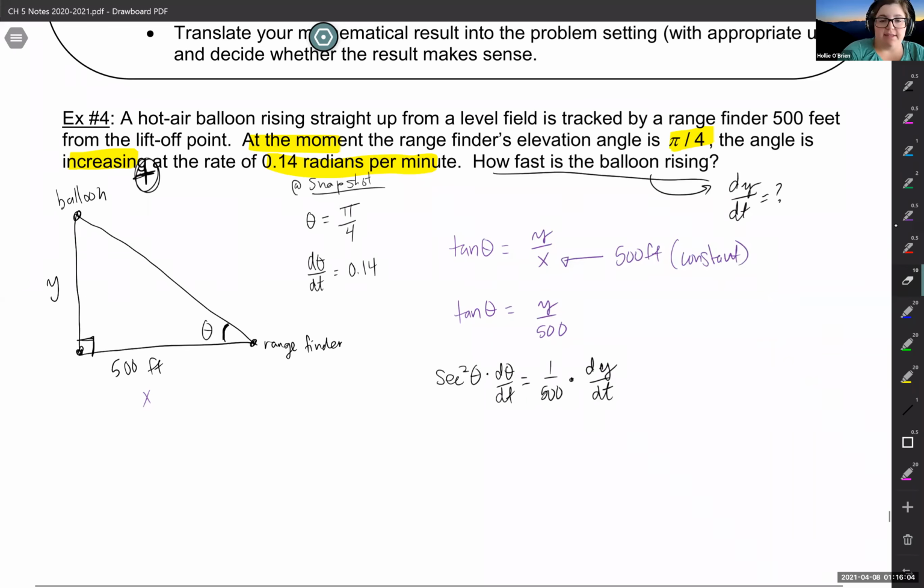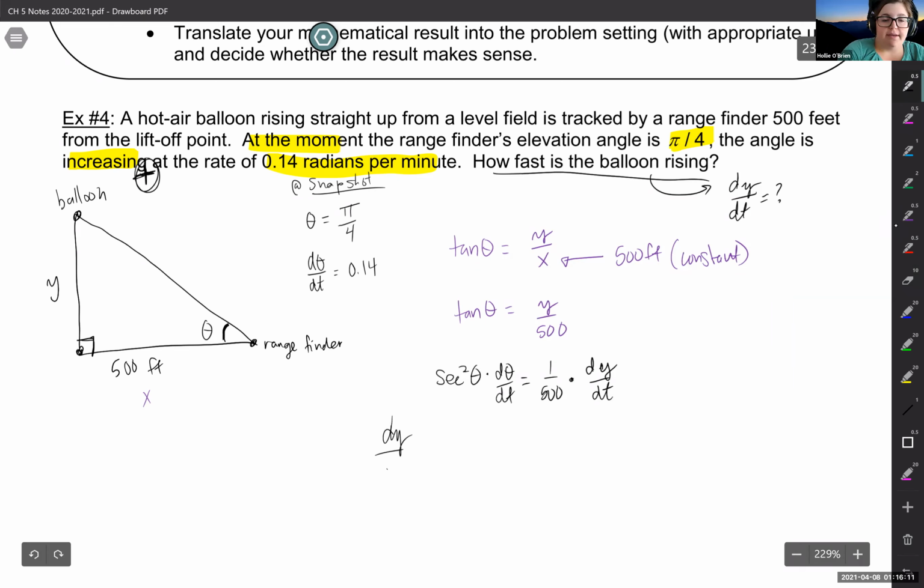Okay, to get dy dt by itself, you just multiply by 500 on both sides. So dy dt is equal to 500 times secant squared theta d theta dt. I like writing dy dt, the differential, on the left side, equals blah, blah, blah.